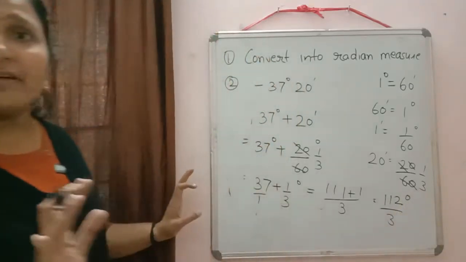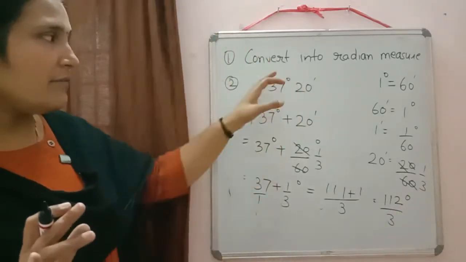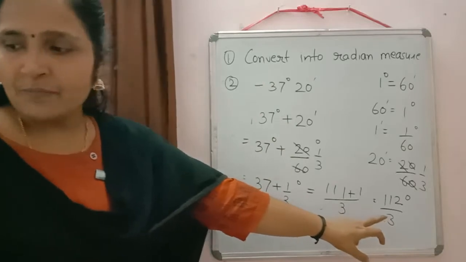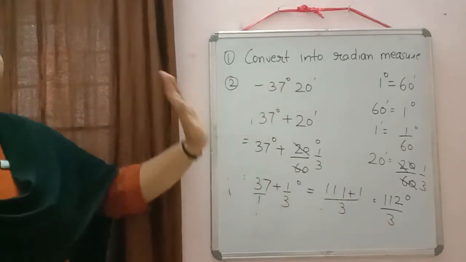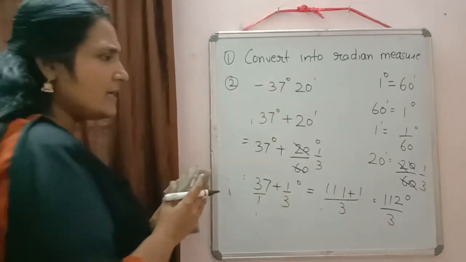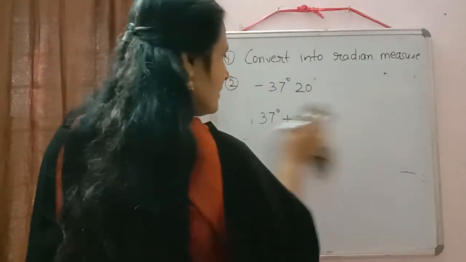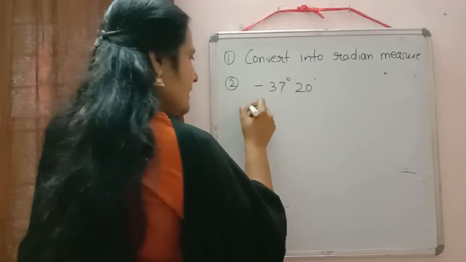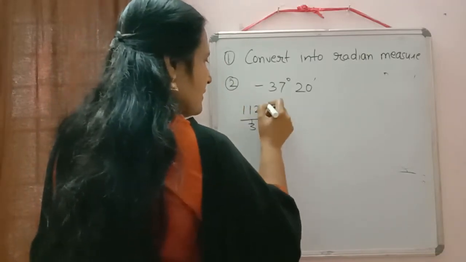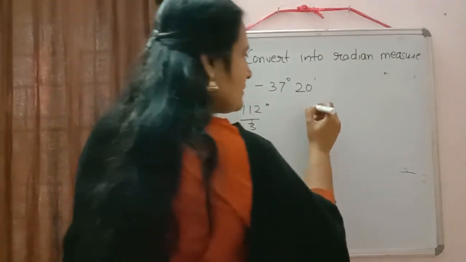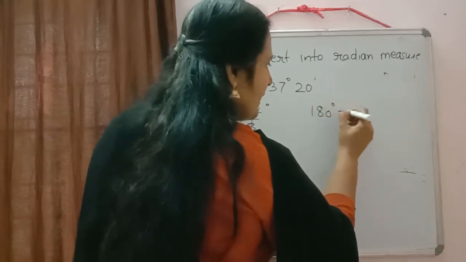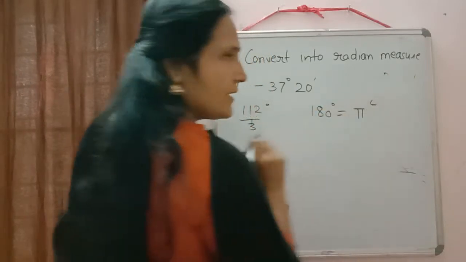At present we haven't converted into radian. We just calculated in degree. The minus sign, let it be as it is. So we are getting 112 by 3 degree. Now again we'll write the relation. What is the relation we have? 180 degree is equal to pi radian.